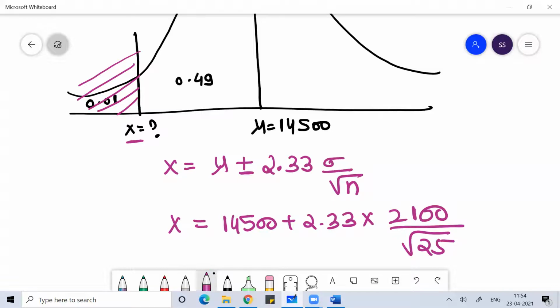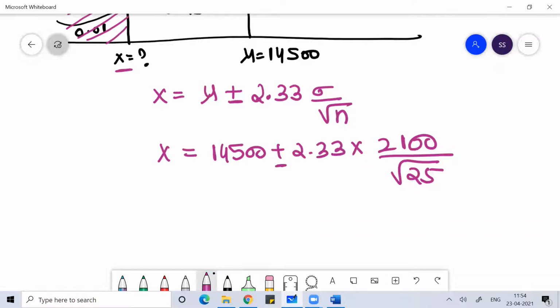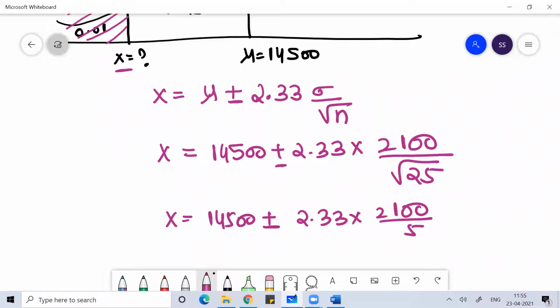So you can solve this. Plus or minus we use for a two tail test. For a one tail test, we use either plus or minus. So this is 14,500 plus or minus, because here we have only one region. So this is 2.33 into 2100 divided by 5.